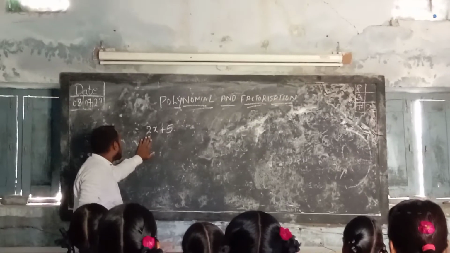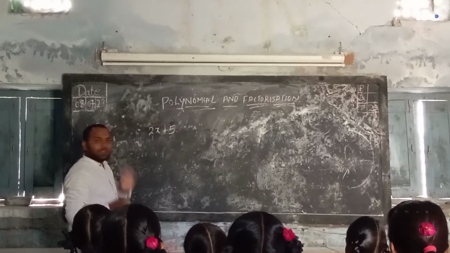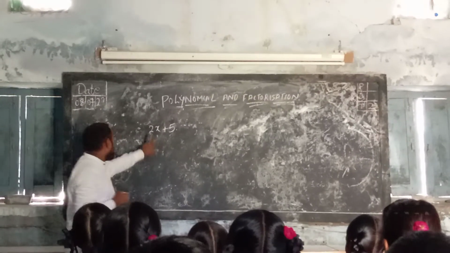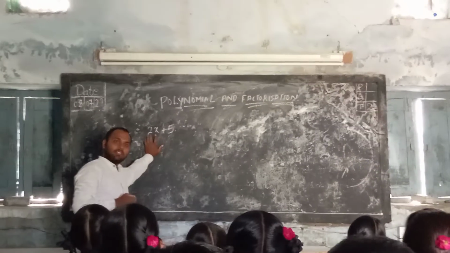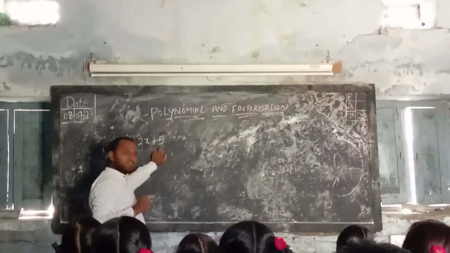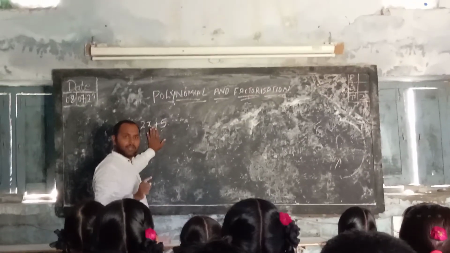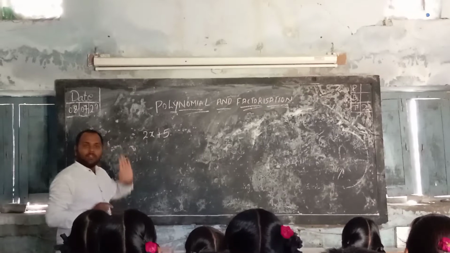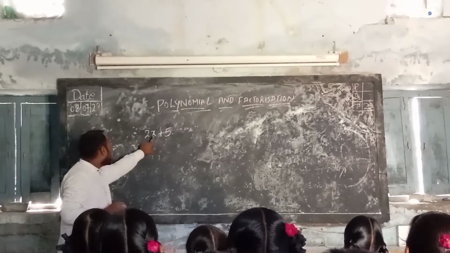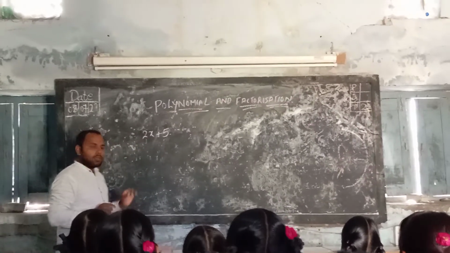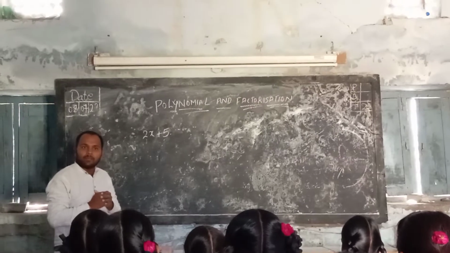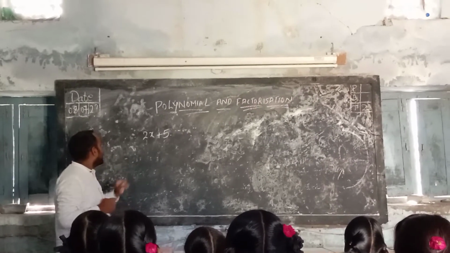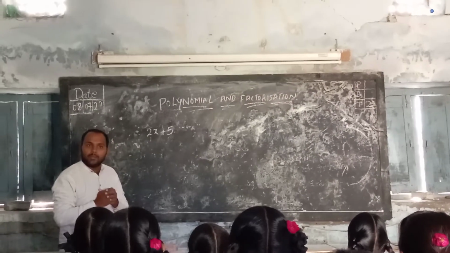How many terms are there here? 2 terms. 2x is one term and 5 is also a term. Term is term. How many variables are there? One, single variable x. What is the coefficient of x? 2. What is the degree of this polynomial?